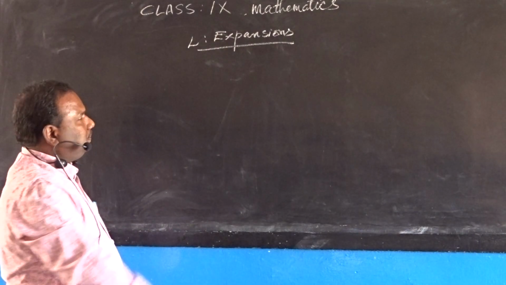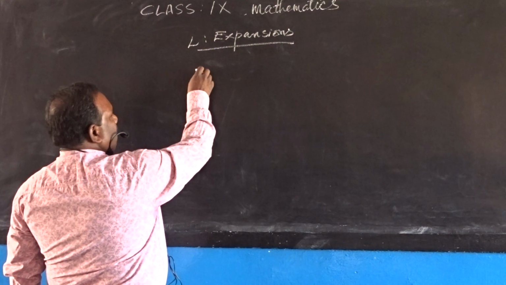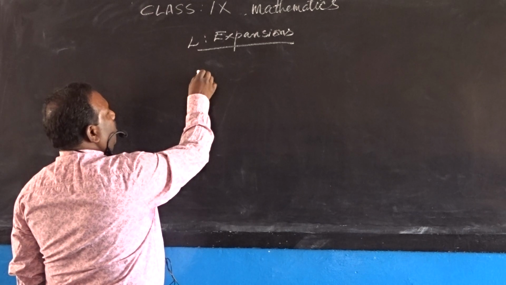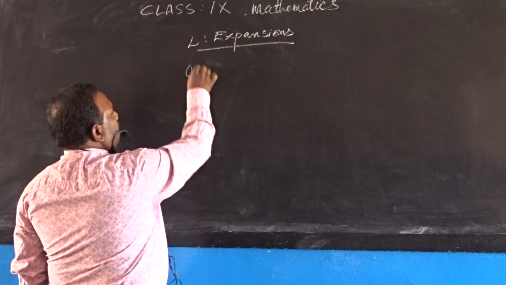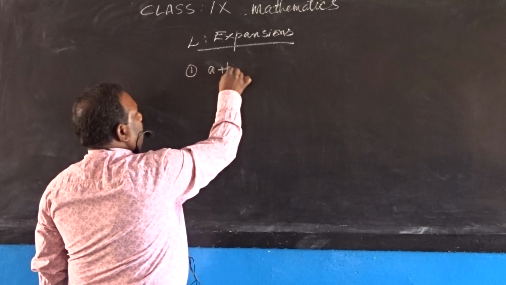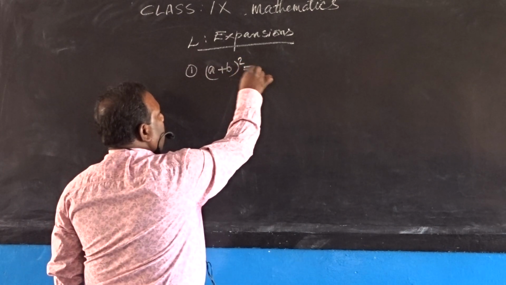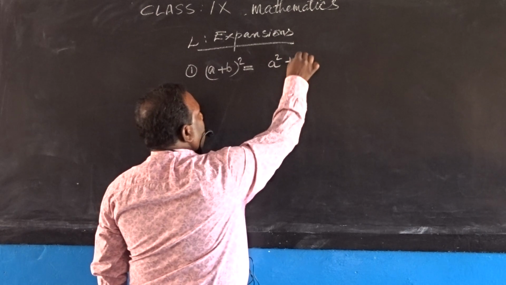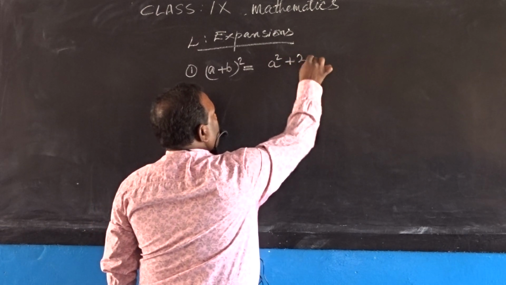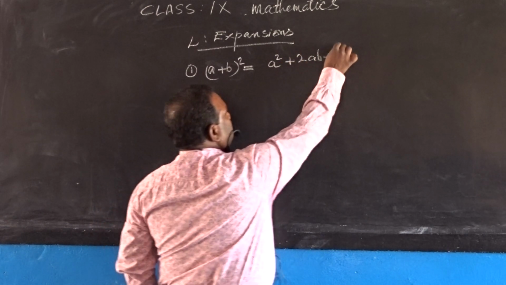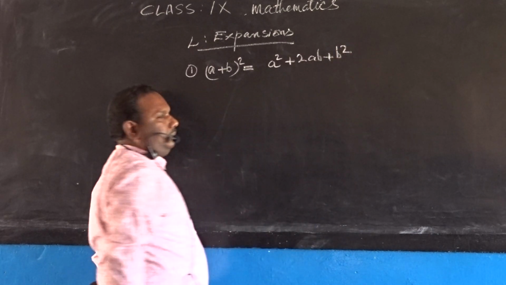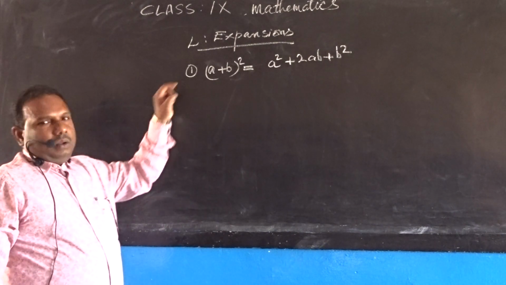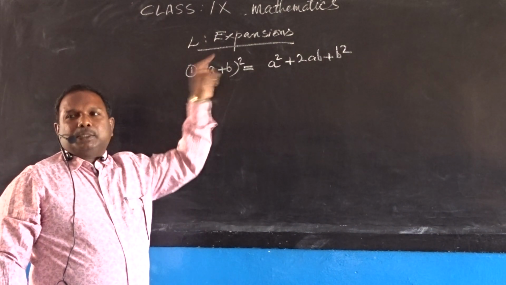First of all, I want to explain to you the formula (a plus b) all square. (a plus b) all square is equal to a square plus 2ab plus b square. Now you may ask me, what do you mean by expansion?